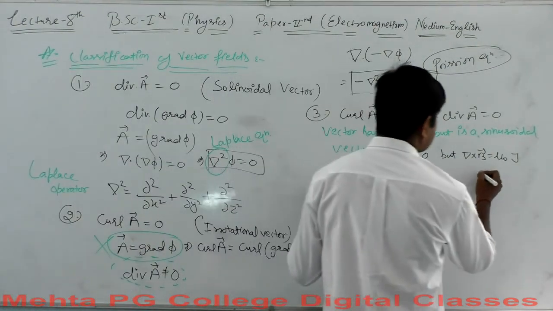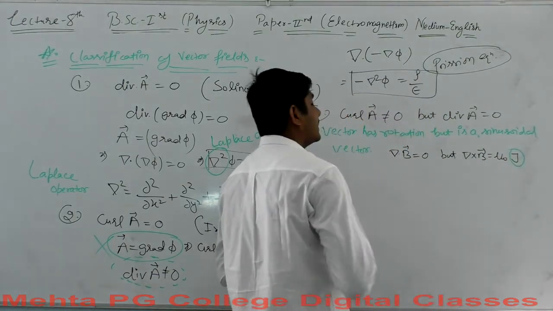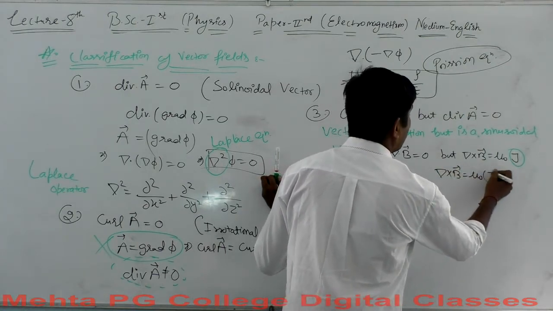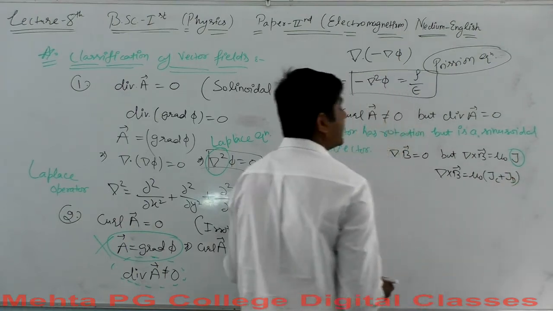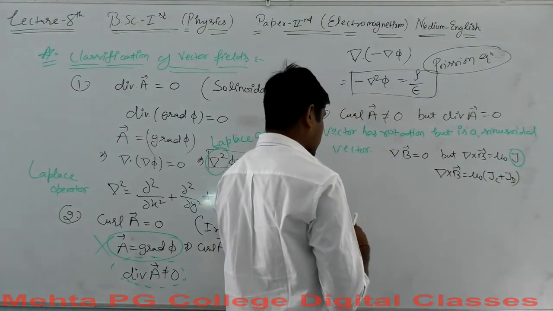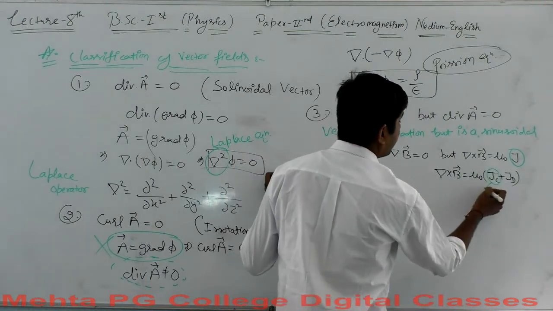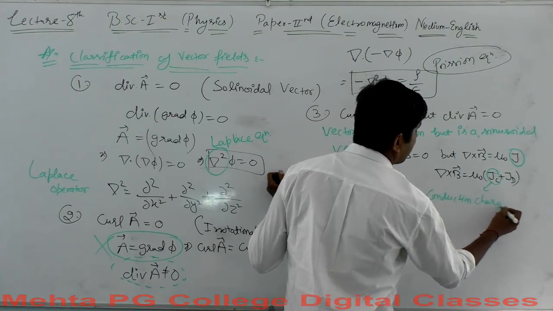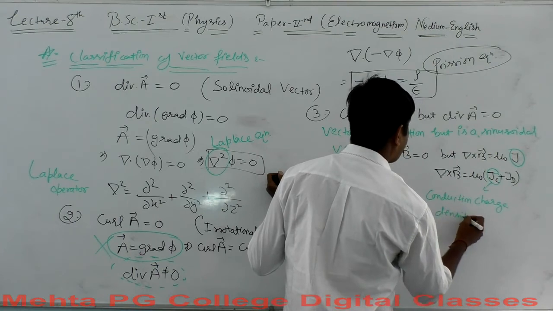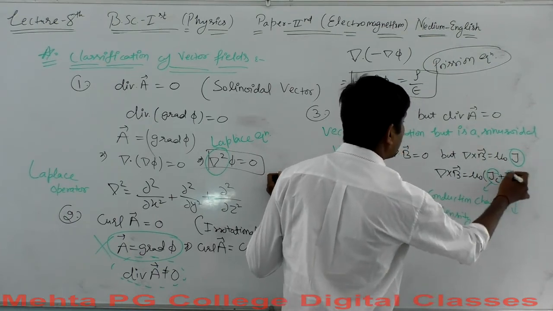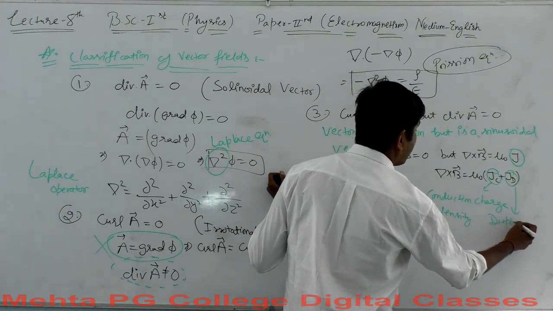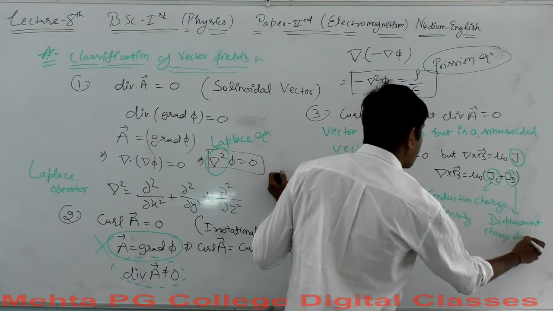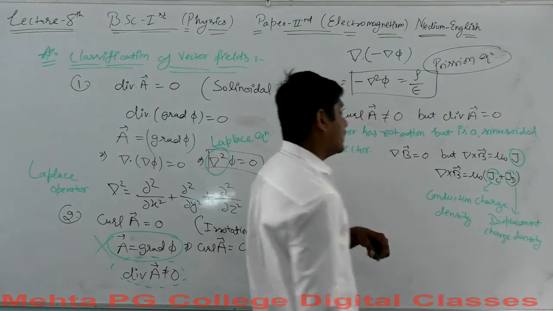J can be written as, you can say that del cross B can be written as mu naught times JC plus JD, where JC shows the conduction charge density, and JD shows the displacement charge density.